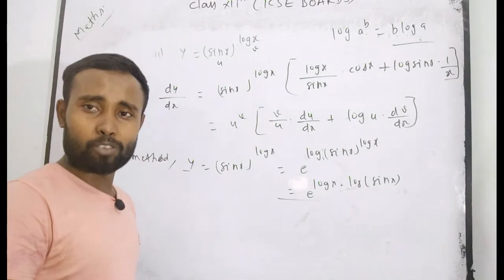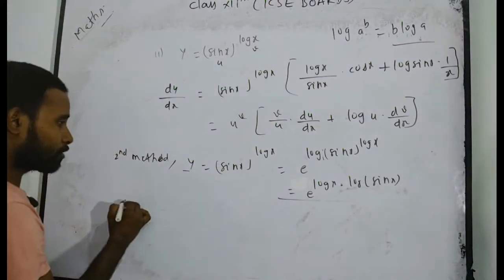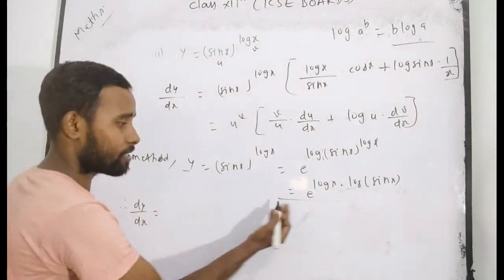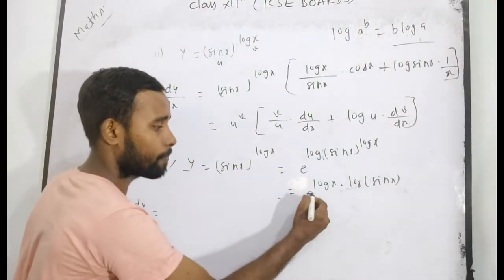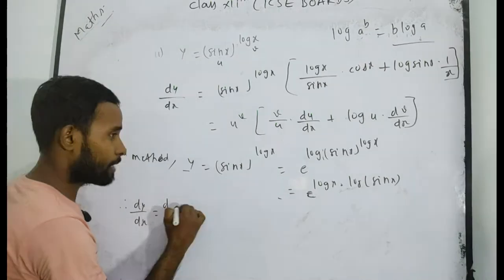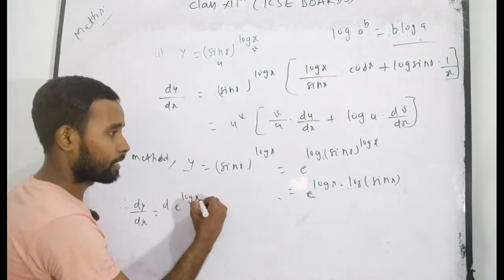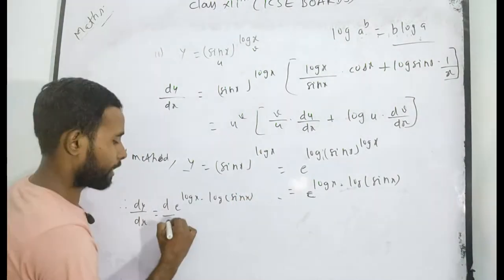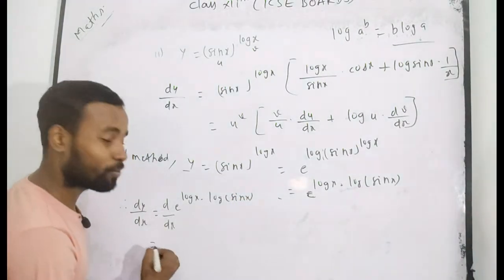Now you have to differentiate on both sides with respect to x. So differentiating on both sides with respect to x, dy/dx will be the derivative of e to the power log x into log sin x with respect to x. As you know, you cannot differentiate directly with respect to x.